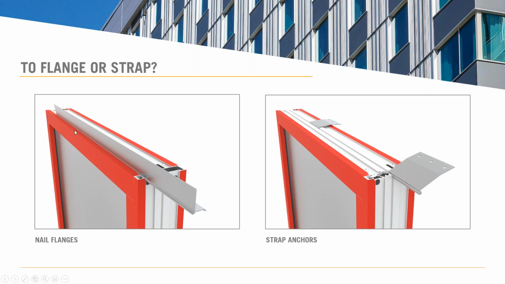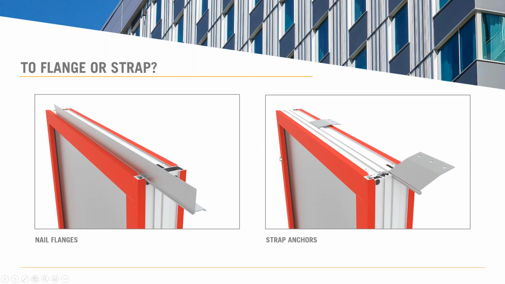You see it here on the left. It's a continuous piece of metal that's fixed to the window frame, and it's usually a set distance in or out of the rough opening, and it allows attachment to the face of the building, and often it's part of the seal for the sealing of the window. Strap anchors, shown here on the right, are intermittent and are not part of the sealing system.